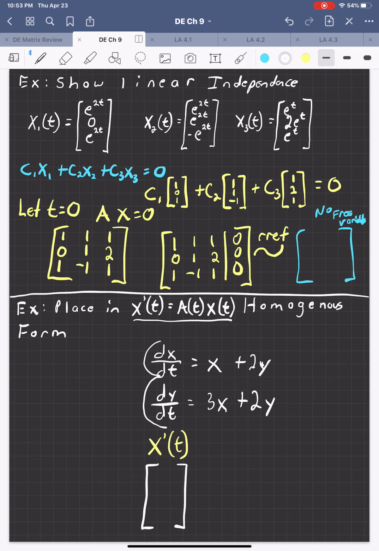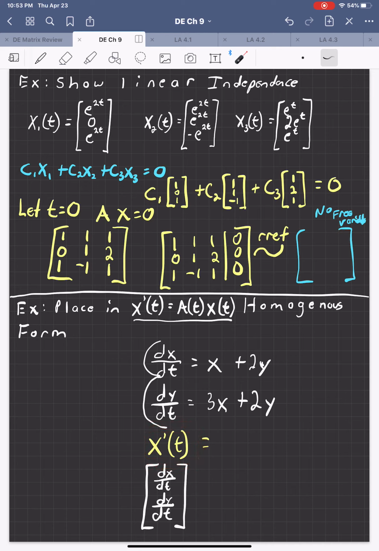So that is dx/dt, dy/dt. Does that make sense to you? Since again we're trying to get to this form right here, the x prime of t is this side, the vector that's set up to represent the derivatives. So dx/dt, dy/dt. That's all under x prime of t.